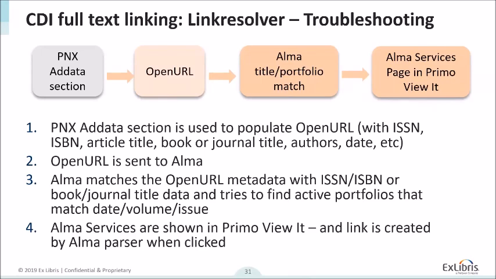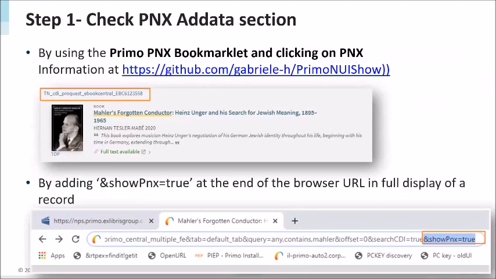It of course also takes into account coverage information like date, volume, and issue, or year, month, and day. The end result of this matching is that Alma services are shown in the Primo view it, and links are created by Alma. When you click on it, the Alma target parser kicks in. So this is how OpenURL linking works.